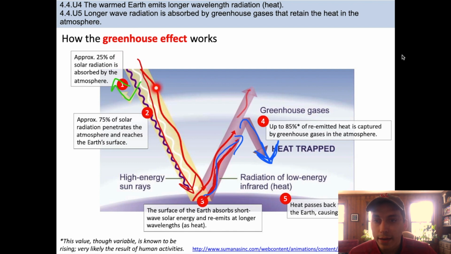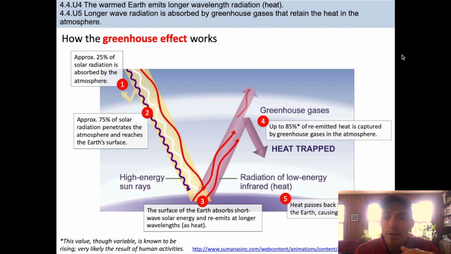So short wave energy is able to pass through the atmosphere, but this longer wave energy is not. So the short wave stuff passes right through the atmosphere, comes to the Earth's surface, but the Earth's surface then converts it into these longer waves, which cannot then escape from the atmosphere. So that is the really important point to pay attention to there. It's the changing of it from shortwave radiation in from the sun to long wave radiation being re-emitted by the surface of the Earth that holds that heat inside of the atmosphere.